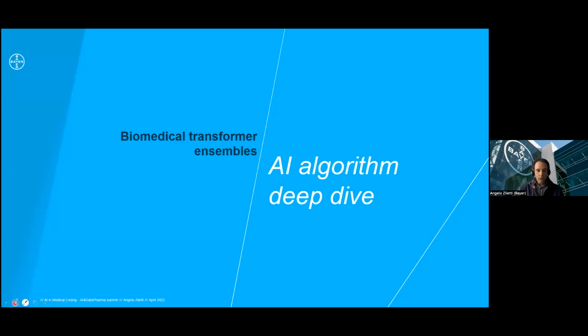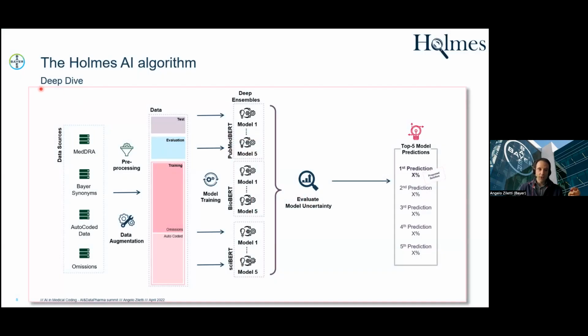So let's go to the actual AI algorithm deep dive. Here we see the whole procedure of the algorithm, and I'll guide you through the process from the input to the classification. The first step was data sourcing, and then we do very little pre-processing.